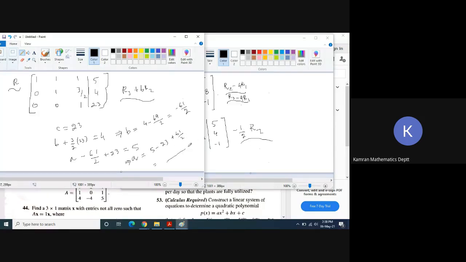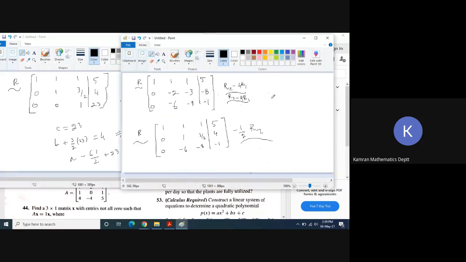So 2 is the LCM. 10 minus 46 plus 61. So minus 46 plus 61 is 15. So 25 over 2. A is equal to 25 over 2. So A is 25 over 2, B is minus 61 by 2, and C is 23.